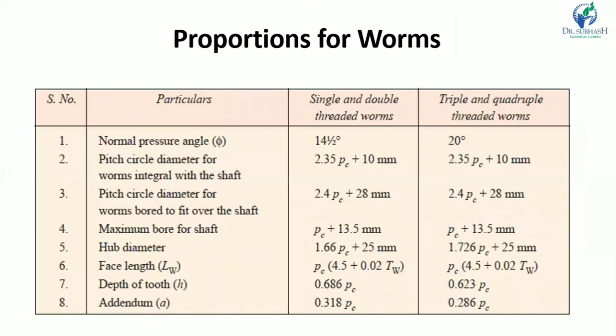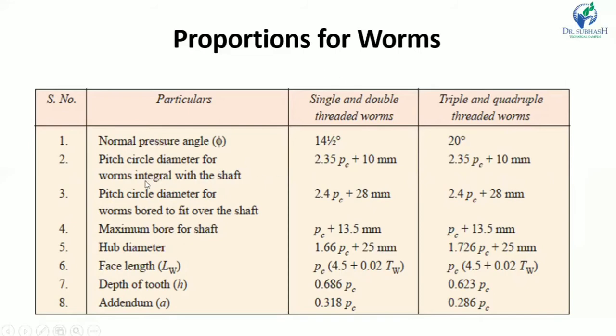Now, different proportions for worm gears, the standard values. Normal pressure angle for single and double threaded worm and for triple and quadruple threaded worm: it is 14.5 degree for single and double threaded worm, and 20 degree for triple and quadruple threaded worm.